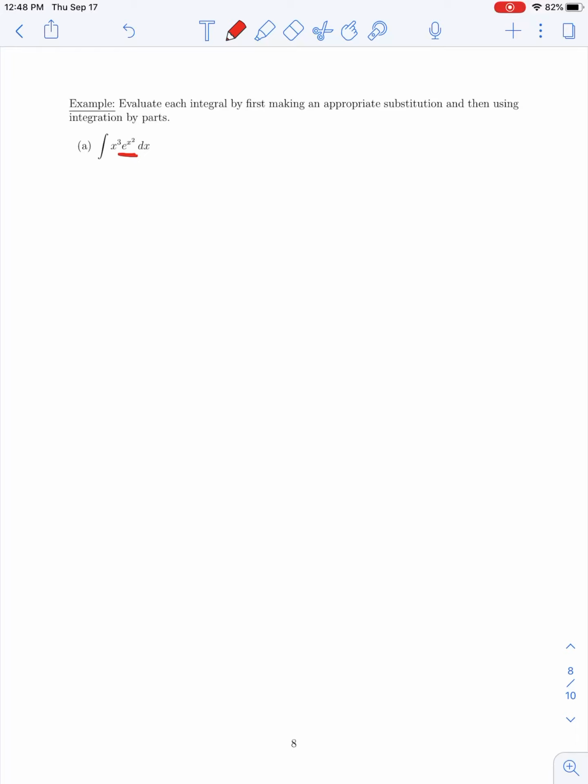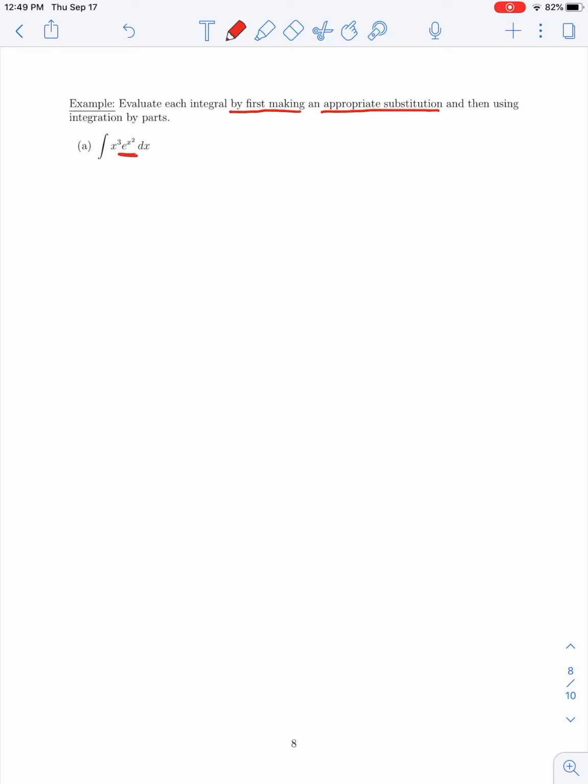It doesn't involve just e to the x, but e to the x squared, e raised to a function of x. And whenever I see a composite function as part of my integral, I should immediately think of a substitution first. Also, this problem statement tells us to proceed by first making an appropriate substitution.